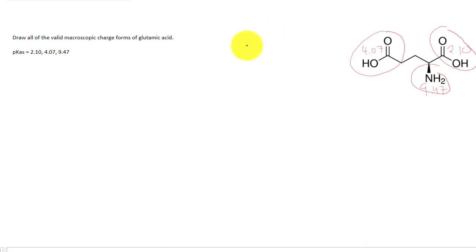Now, if you remember, there's a quick way for us to tell how many possible there are. Of course, we could always say protonated, deprotonated for each of these. But there's a quick way. It's 2, which is the number of states. So this can either be protonated or deprotonated for each group, to the n, which is the number of groups.